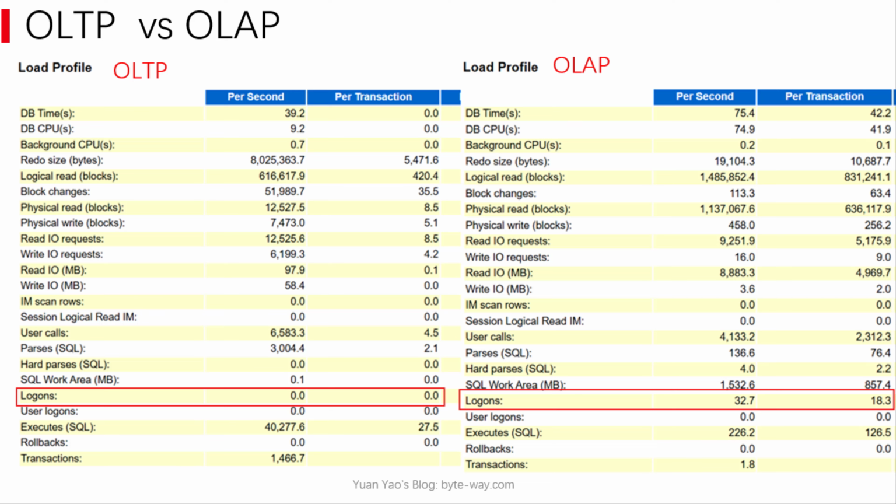That tells us those 32.7 logons aren't from users, but from background processes. And that makes sense, because OLAP applications often spawn background sessions to parallelize complex queries. By contrast, OLTP applications don't really need parallelism. Their queries are short and simple, so background logons stay at 0.